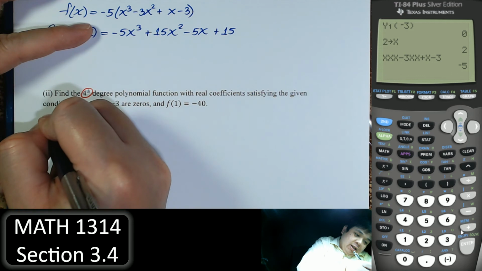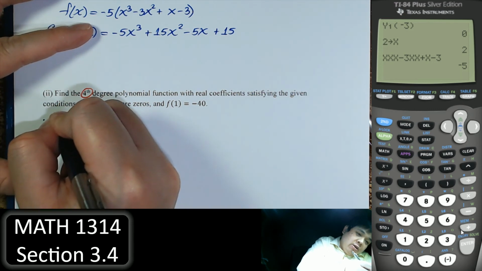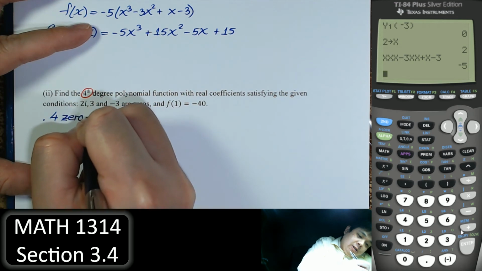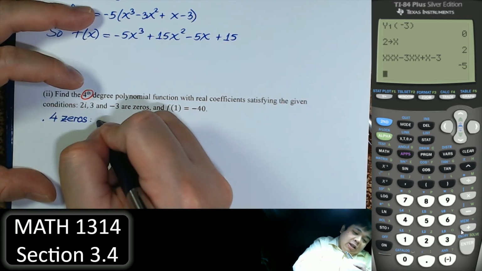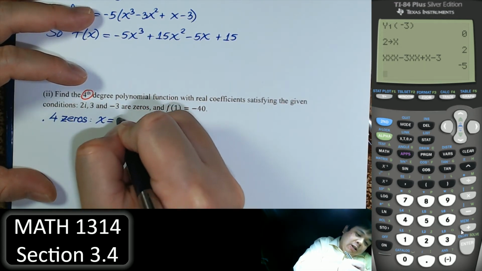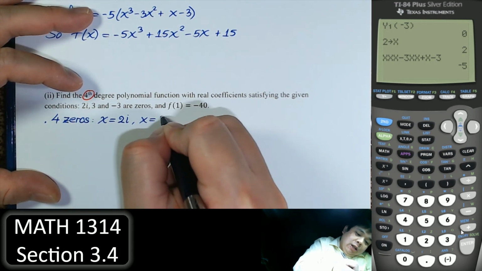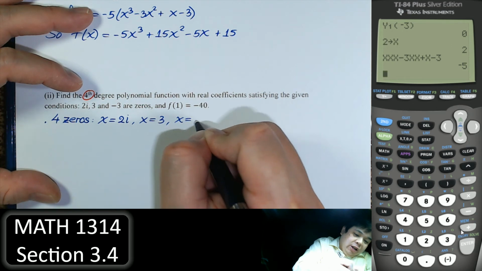So first, the 4 zeros. x equal to 2i, that's what's given, x equal to 3 and x equal to negative 3.